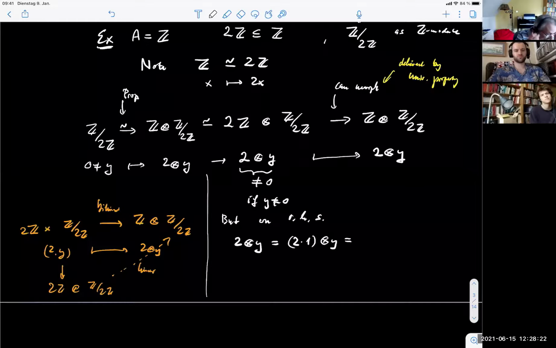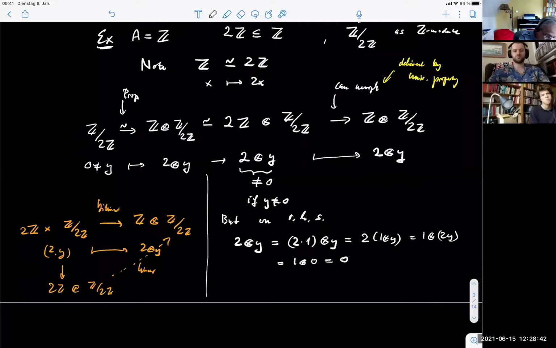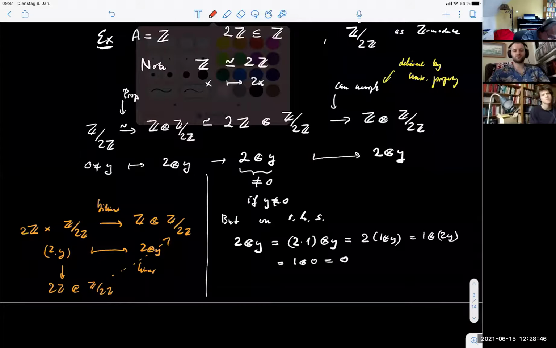Now I use bilinearity: I pull out the 2 and move it over here. And 2 times y is 0, so it's 0, and 1 tensor y must be 0. So I worked here on the right-hand side.